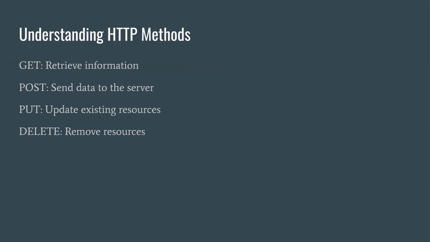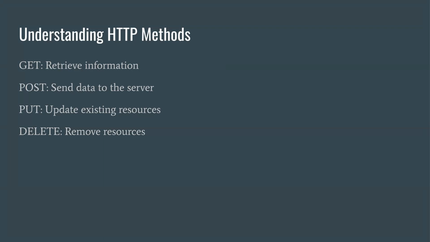So let's look into HTTP methods more closely. I briefly mentioned these different methods. The get method is used to retrieve information from a server, and post is employed to send data to a server.